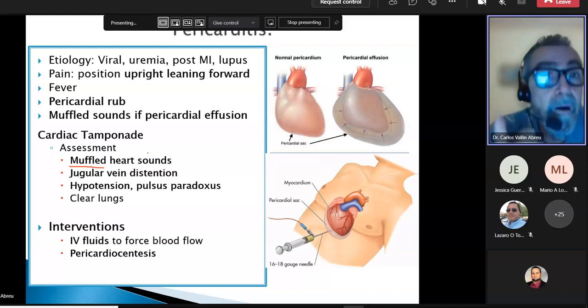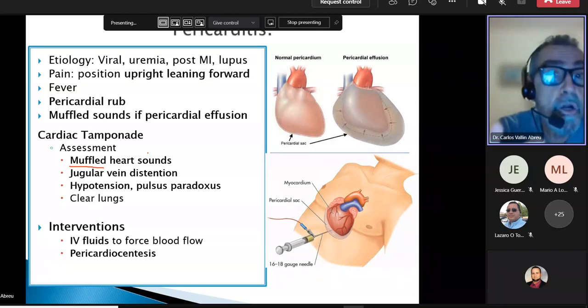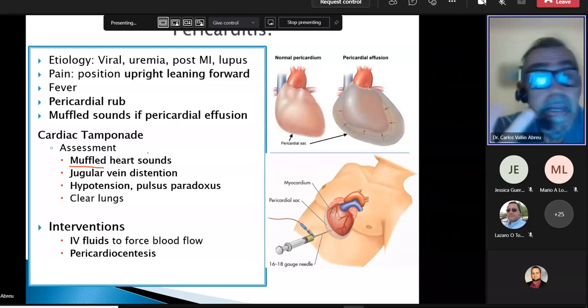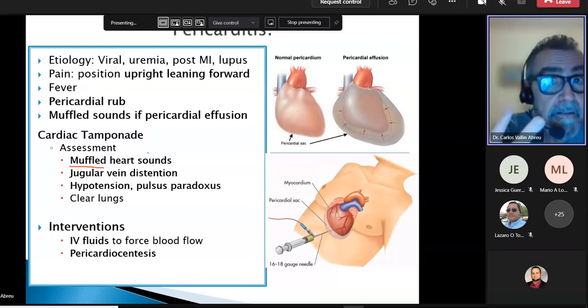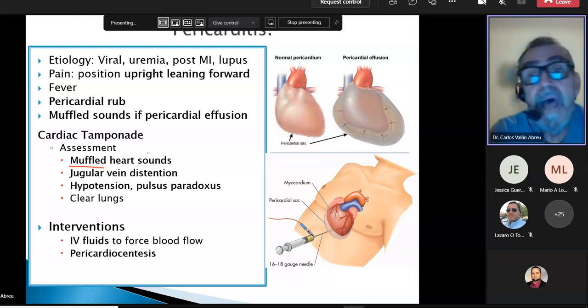You are going to have muffled heart sound because of the liquid surrounding the heart. You are going to have neck vein distension, and you have shock, hypotension. It's a patient that is critically ill and can die because of an obstructive shock. And it is what is called cardiac tamponade.